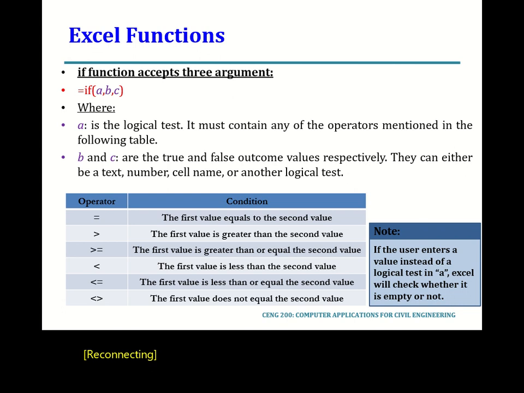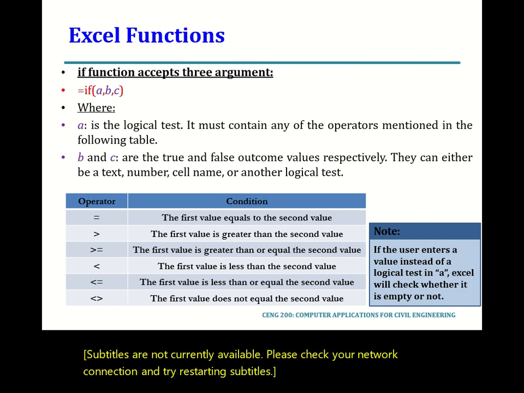The condition you want to check, the logic you want to check, if what happens. So that is A. B is the output you want the program to do or show if the condition is true. So it will not type true. It will do whatever you are saying in B.